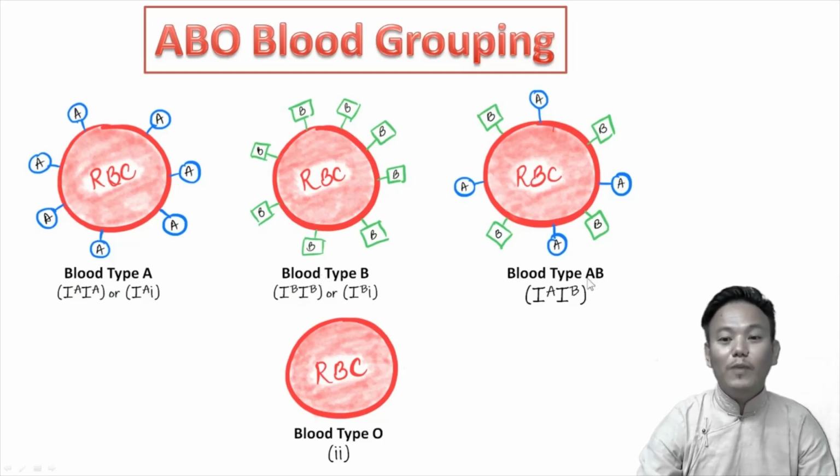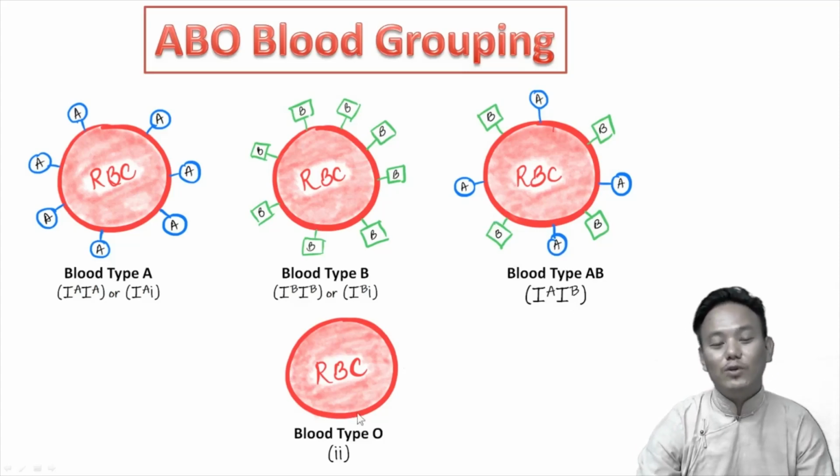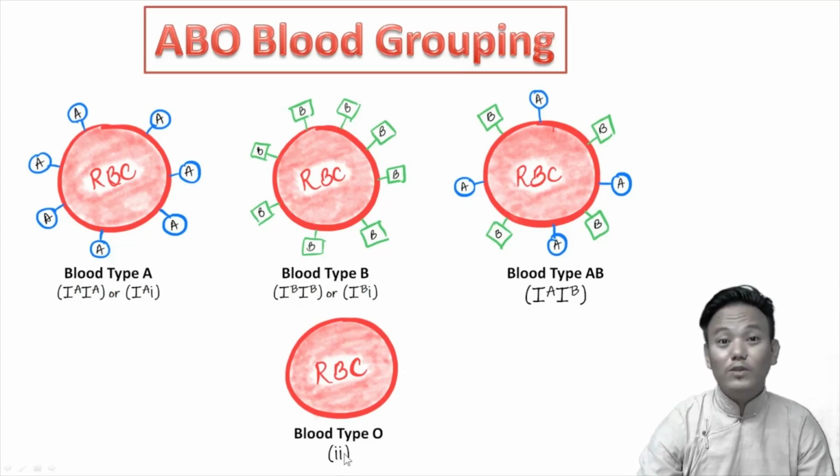But for blood group AB and blood group O, there is only one possible genotype for each. If my blood group is AB, I can be sure that my genotype will be IAIB. If my blood group is O, then I can be sure that my genotype is 2 small i. So this is one important thing you should remember. Will you be able to guess the genotype of a person if you know his or her blood group?